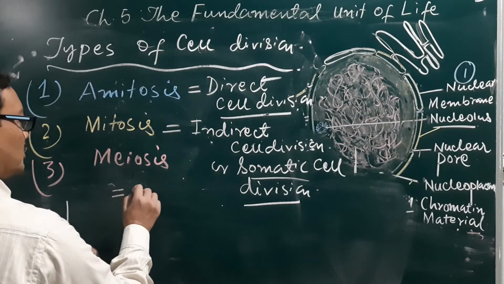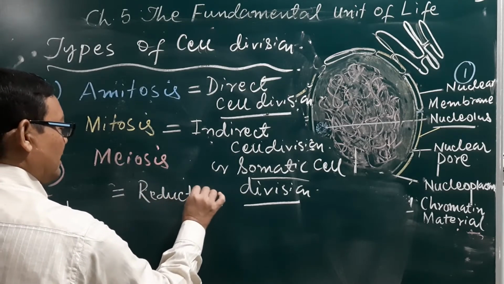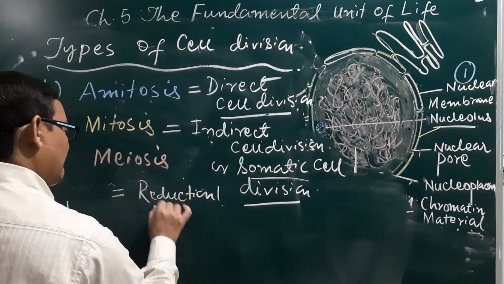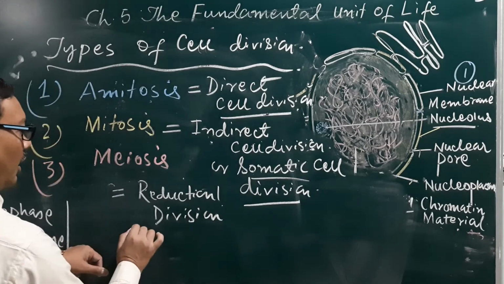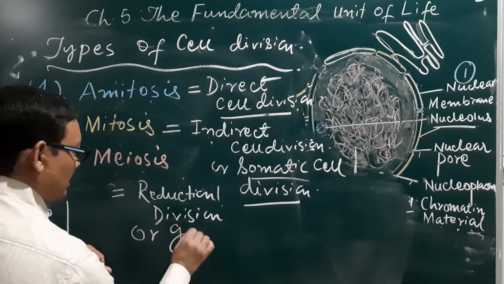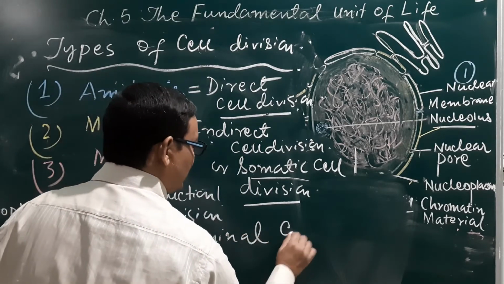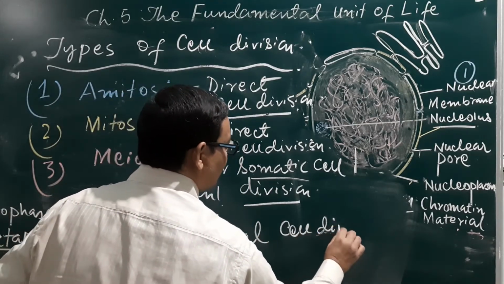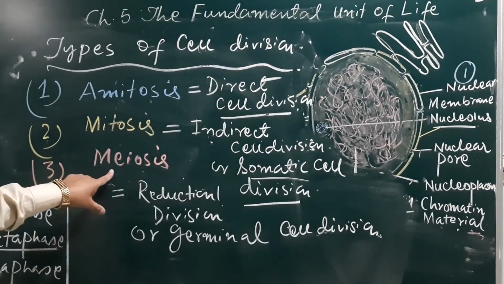Now come to this side, meiosis. Meiosis is also known as reductional division or germinal cell division. Understand? In this case, what will happen?